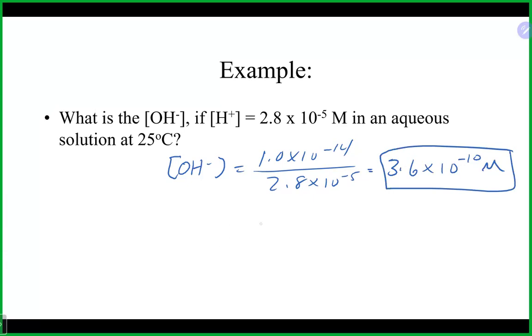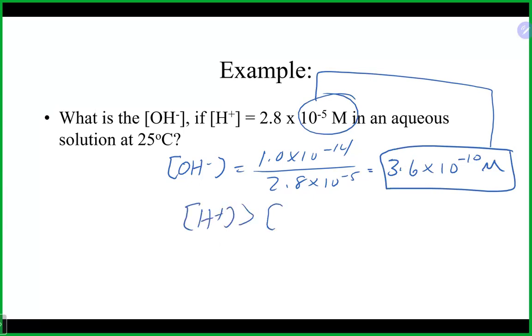And if we again compare our OH minus to our H plus, we can see H plus is larger, so our H plus is greater than our OH minus. And again, this solution should be acidic. Any questions on KW, calculating H plus, OH minus? Again, H plus here, also the same thing. If you were asked to calculate the H3O plus, the same calculation, same deal.